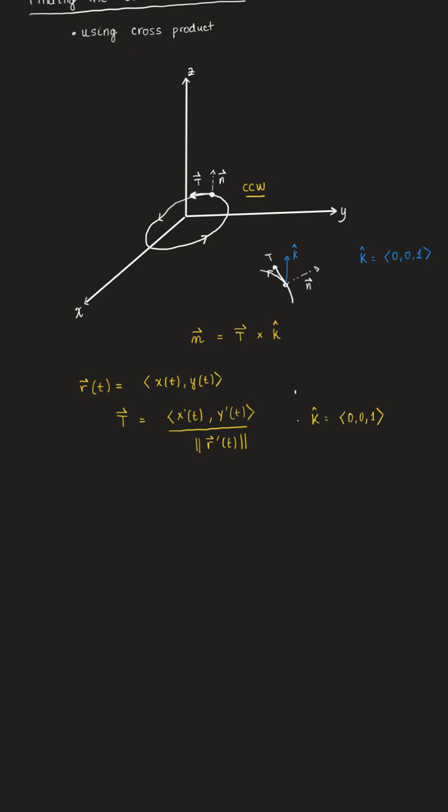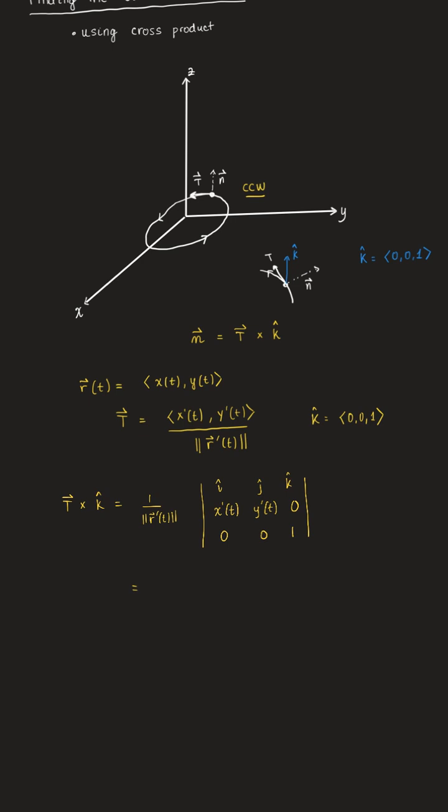So if we take the cross product of T crossed with k hat, I'm going to factor out the magnitude of r prime outside of this cross product. And we're going to set this up as i, j, k. The second row is going to be the components of the tangent, so x prime of t, y prime of t, with the third component equal to 0 because T is on the xy plane, and k is the vector 0, 0, 1.